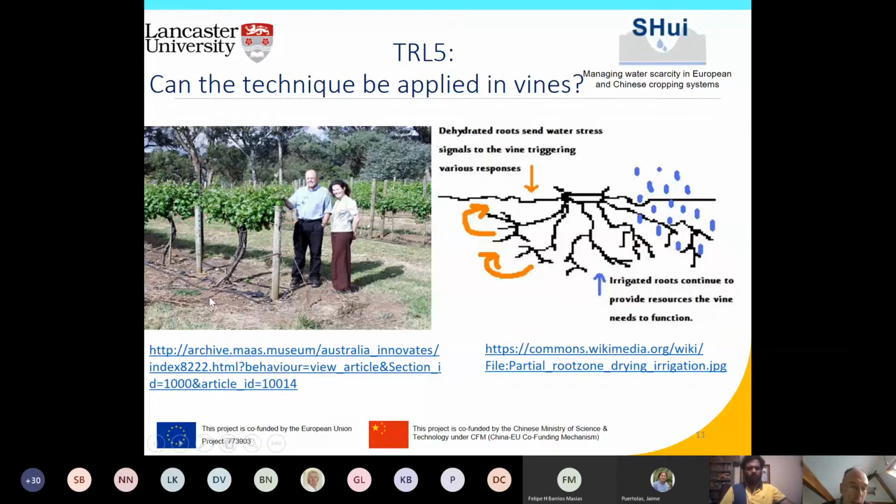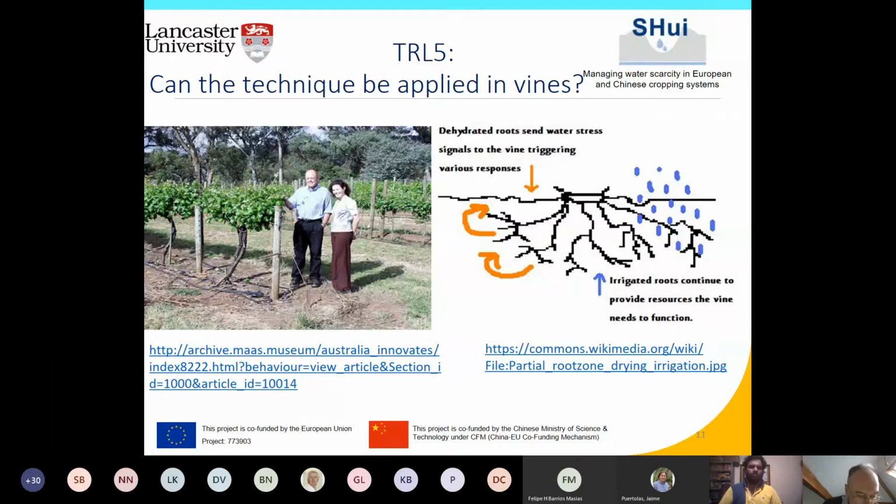And you can see they've implemented the partial root zone drying by applying 2 drip tapes on either side of the row of vines. And this particular technique that they called partial root zone drying was promoted quite widely to vineyard owners and growers within this part of Australia.